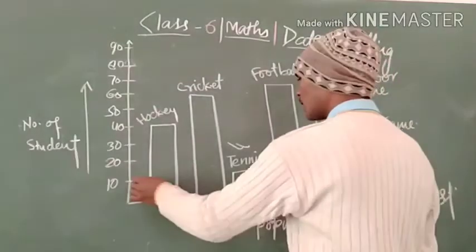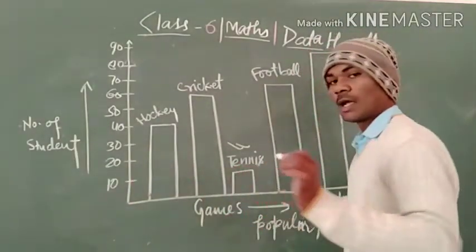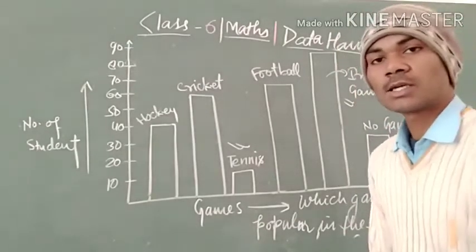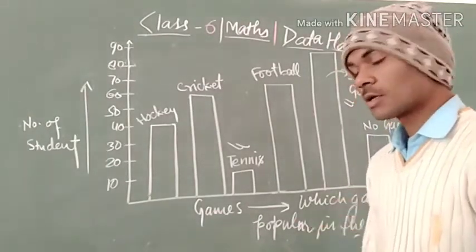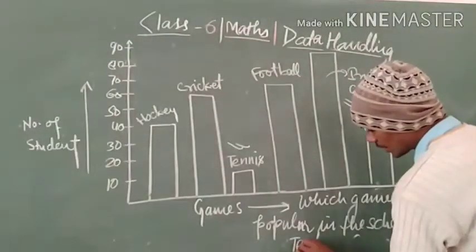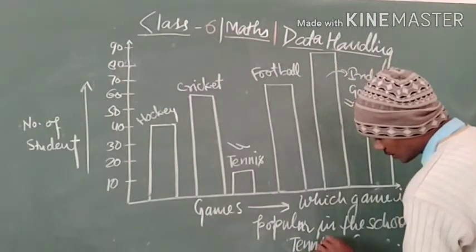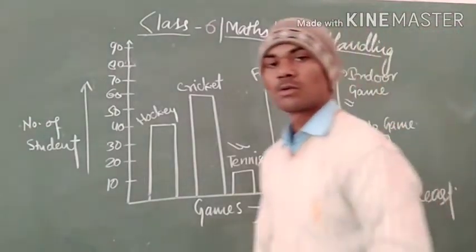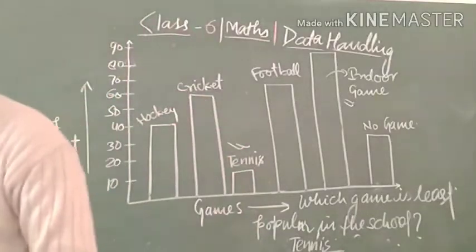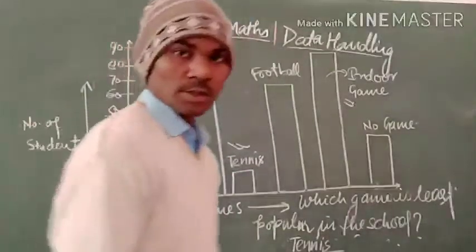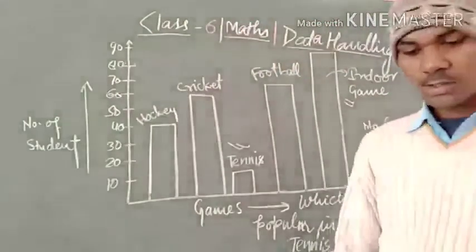That is, only 10 students like to play tennis. Therefore, tennis is the least popular game in the school. Okay students, is that clear? Let's see the next question.